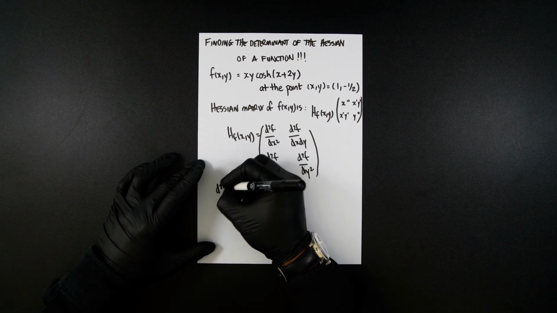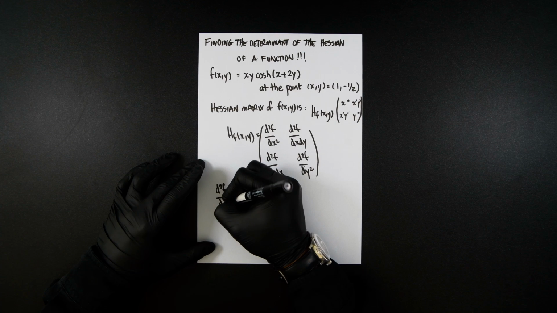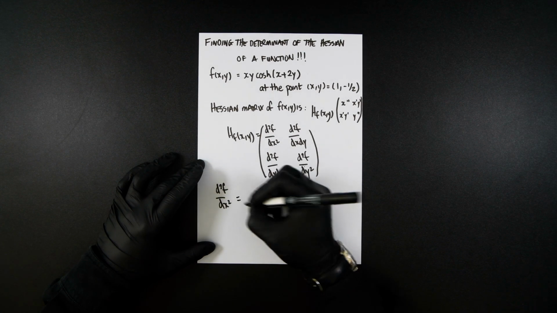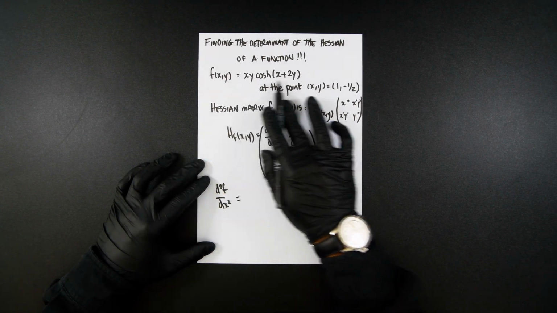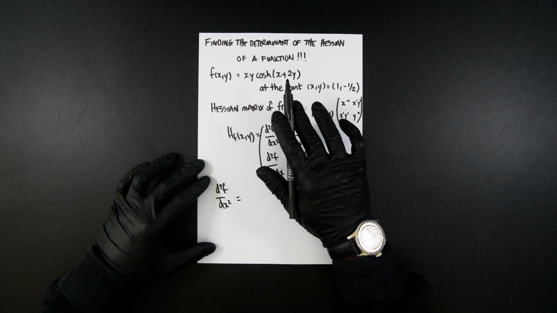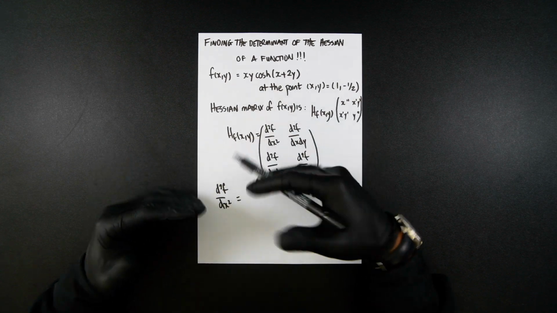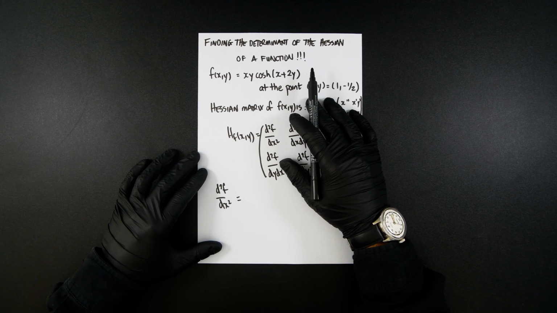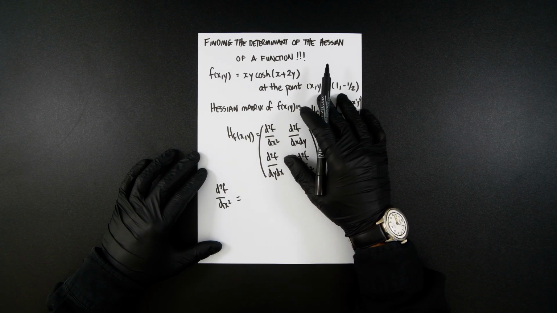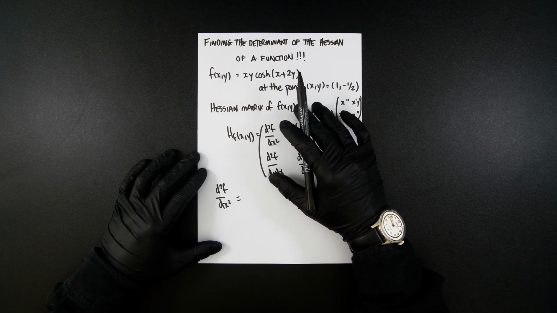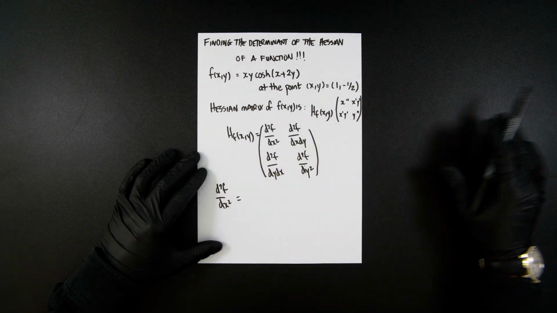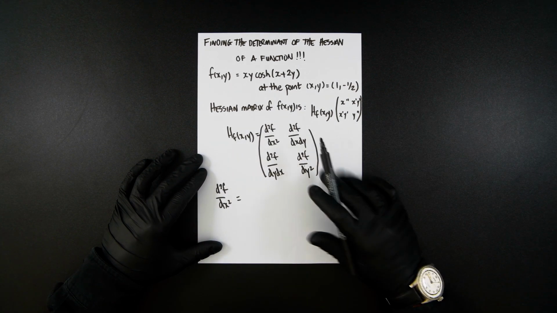So d squared f over dx squared would be this differentiated in terms of x, so all the y terms are held constant and we would just ignore them. If you don't know how to do partial derivatives, please go and watch another video, because it's going to take too long for me to go through all the partial derivatives fully.